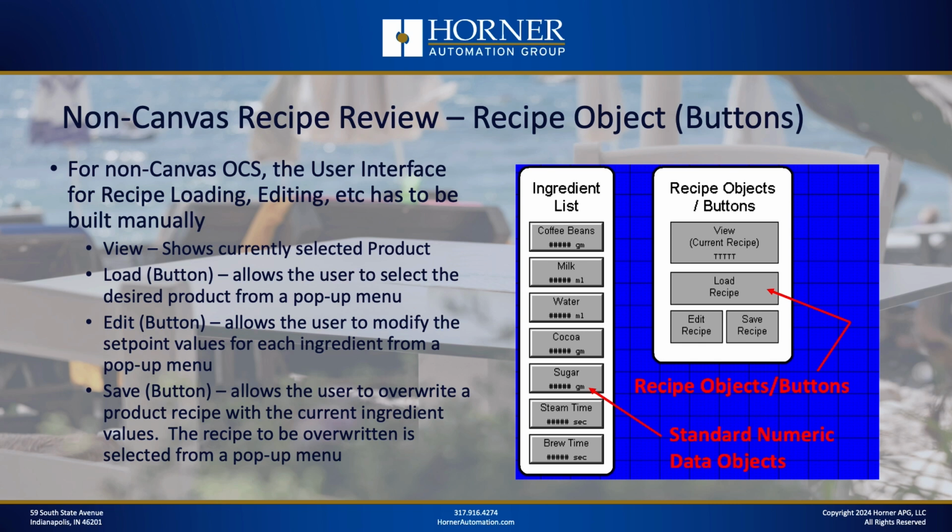And you need to use that in combination with a series of data objects for representing your individual process variables or ingredients and showing those on the screen and allowing the operator to manipulate those. So frankly, there's a lot of work required for non-canvas units when you're talking about building a user interface that the operator can use to open recipes, save recipes, etc.